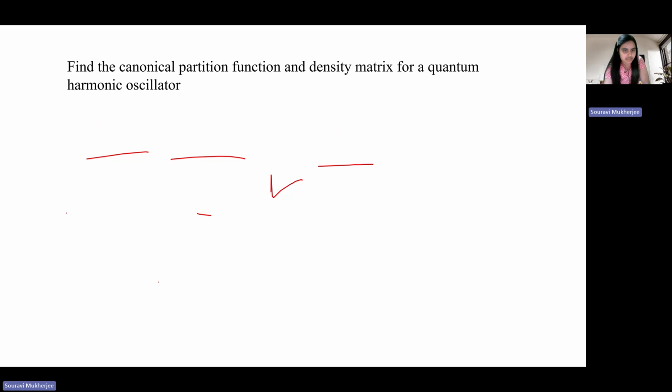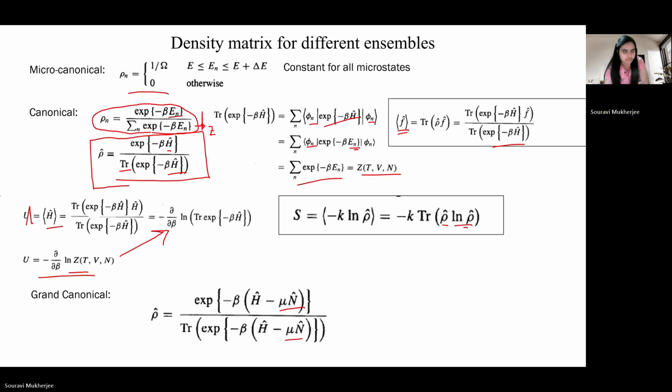Okay, this is nothing but this term, right? You're actually operating on this vector. When you are using e to the power minus βH on some vector phi n, what will you get? You would actually get the eigenvalue times that vector back, right? So you can replace this by the corresponding energy eigenvalue.